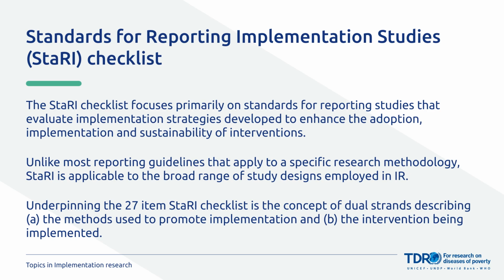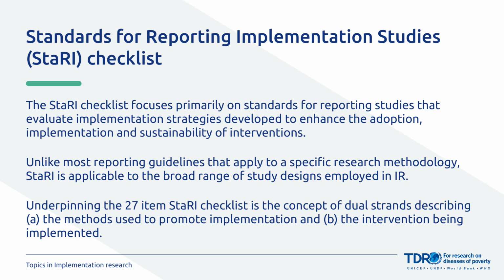It primarily focuses on reporting standards for studies evaluating implementation strategies aimed at improving the adoption, implementation, and sustainability of interventions. Some items in the checklist may also apply to other study designs used in implementation research.